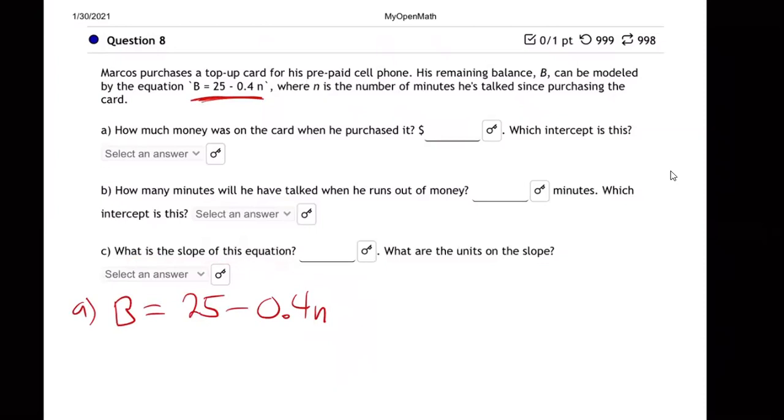B is the remaining balance, and n is the number of minutes that he's talked since he purchased the card. So what's their question on part A? How much money was on the card when he purchased it?